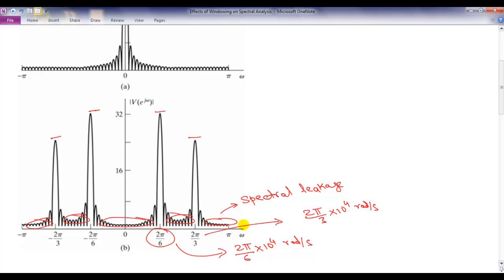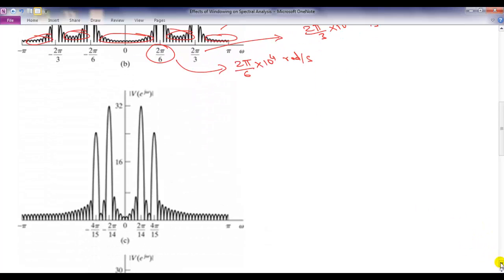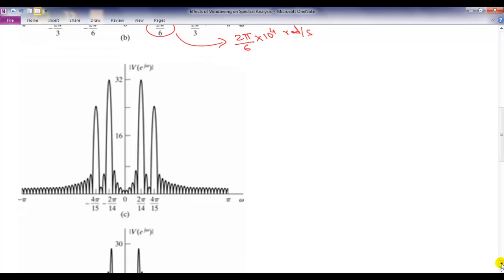Right now you don't see an effect because the frequencies are far apart from each other. But let's bring them closer. Instead of omega naught and omega 1 being what we had earlier, let's say omega naught is now 2 pi by 14 into 10 to the 4, and omega 1 is 2 pi by 15 into 10 to the 4.